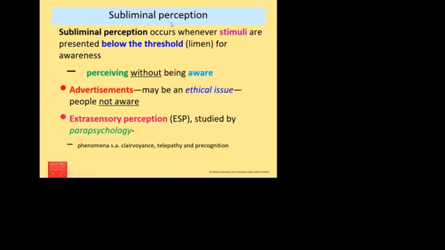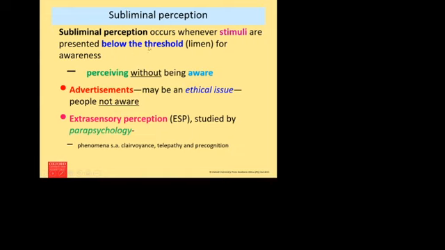subliminal perception occurs when stimuli are presented below the threshold. Before this, we were talking about the threshold and just noticeable differences. Those are things that we could detect when they are above the threshold. But subliminal perception occurs when stimuli are presented below the threshold.